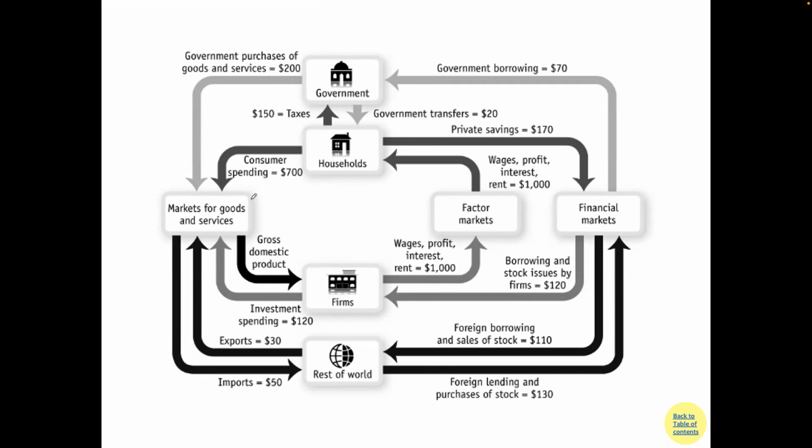Before I show you how, I want to warn you: in the exam or in the homework, sometimes questions flip the diagram. Usually in class, we have the market for goods and services on the left-hand side and the factor market on the right-hand side. In some questions, the factor market is on the left-hand side and the market for goods and services on the right-hand side, and some students get confused. Just be careful about that. Read the question carefully.